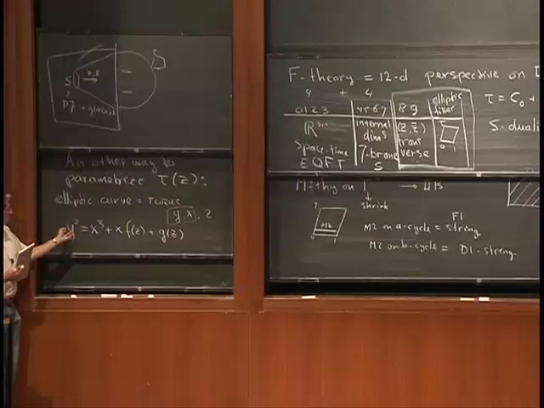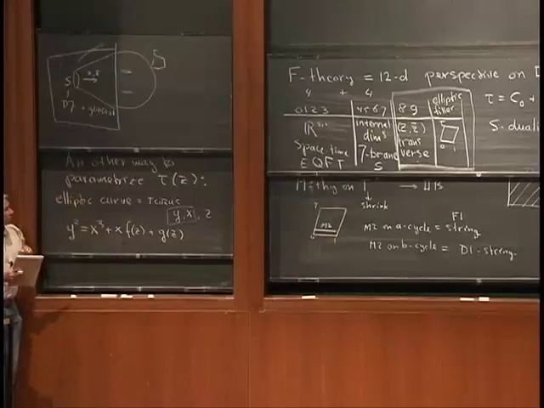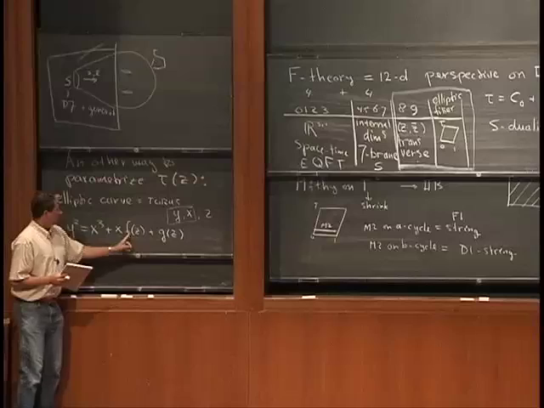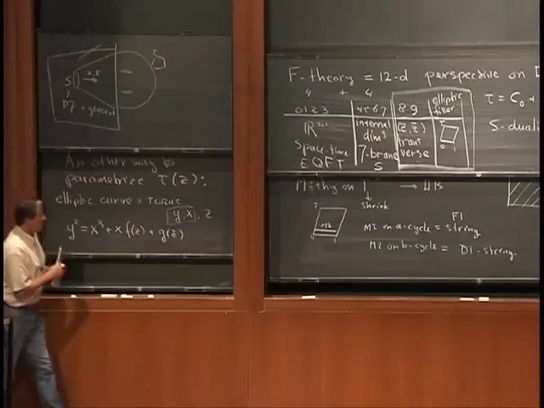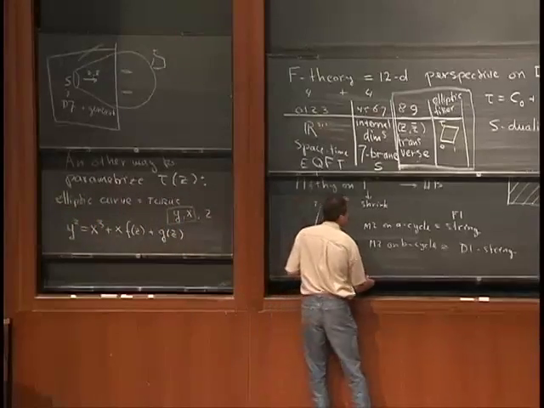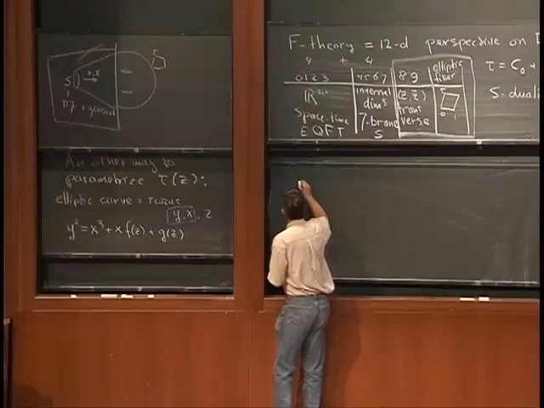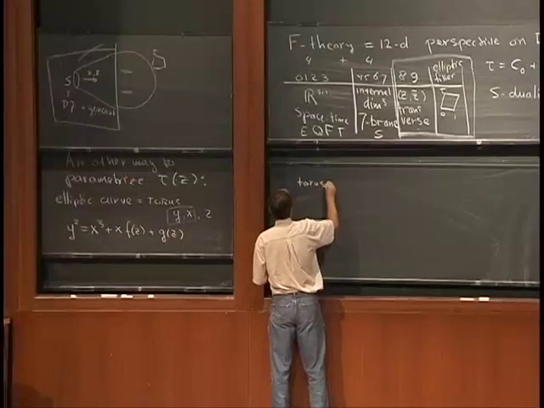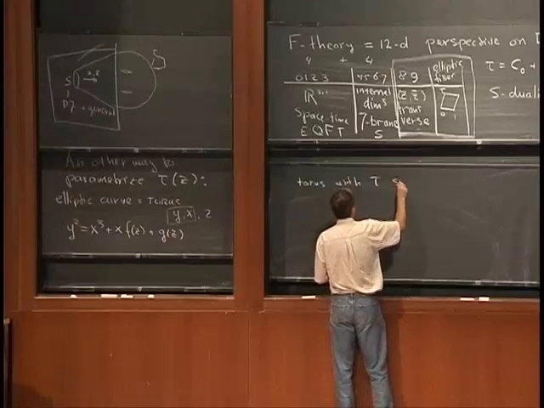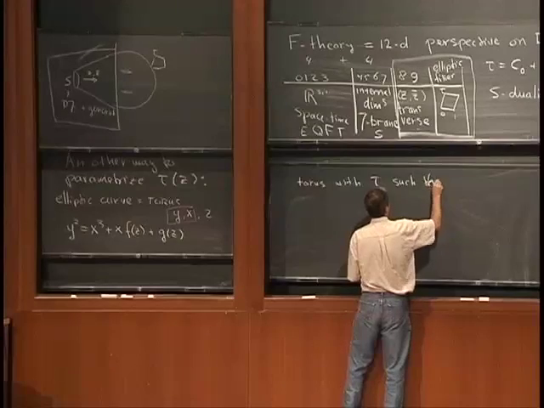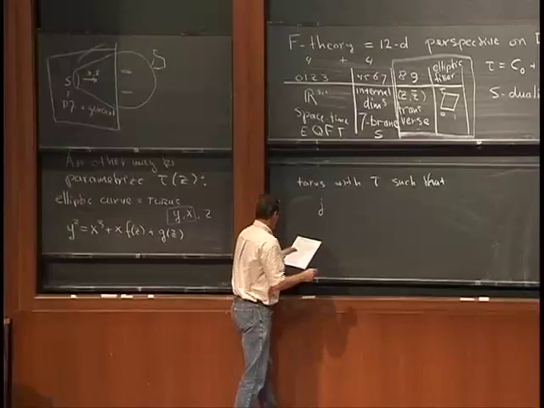So this is a two-dimensional space that looks like that. And it indeed will have a parameter tau that one can obtain if you know the values of f and g. But those formulas are a little bit complicated, or at least non-trivial. So this is a torus with parameter tau such that the j function turns out to be a function of tau.